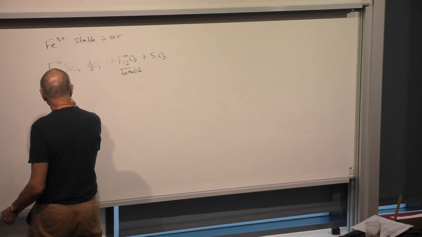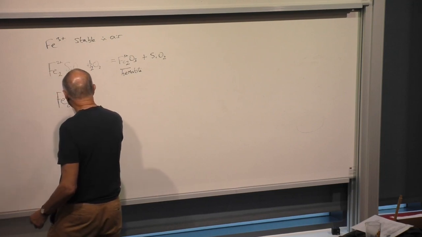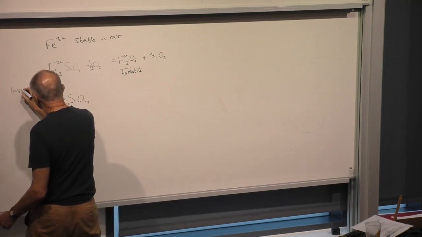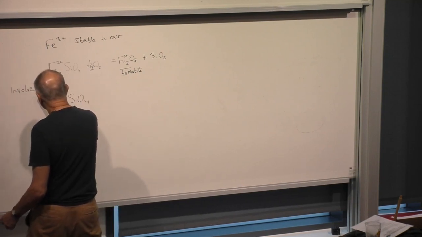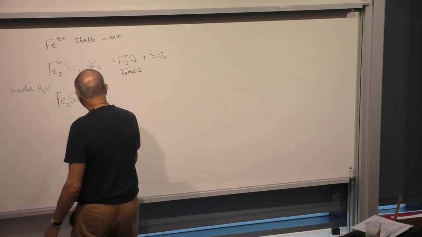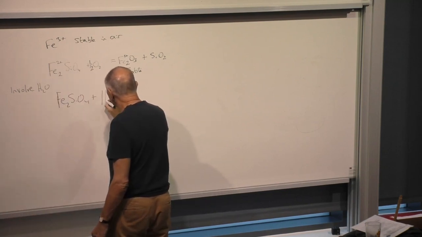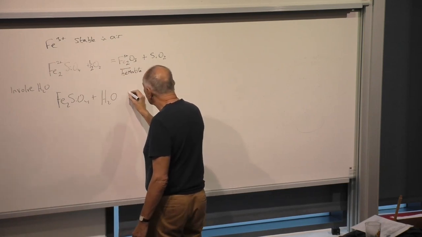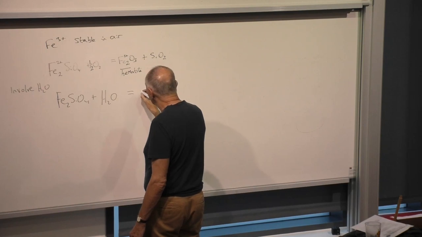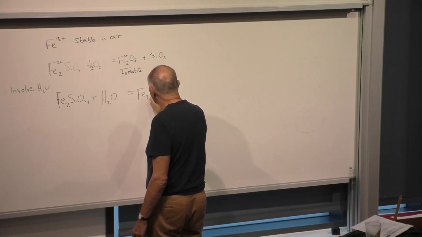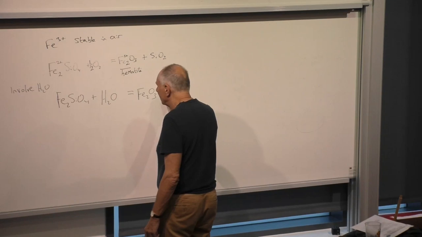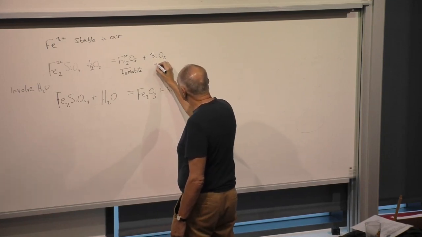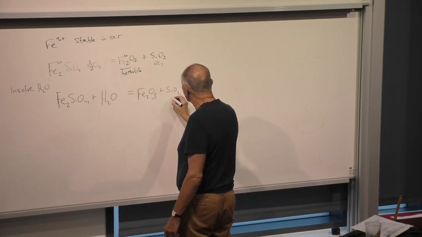So Fe2SiO4 plus H2O goes to Fe2O3 plus SiO2. Let's just make that quartz again.